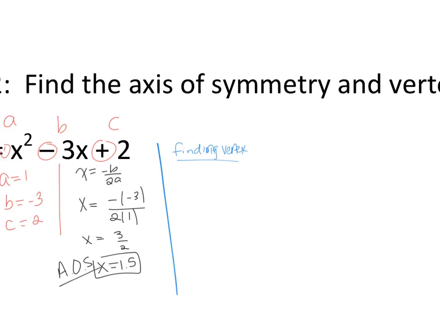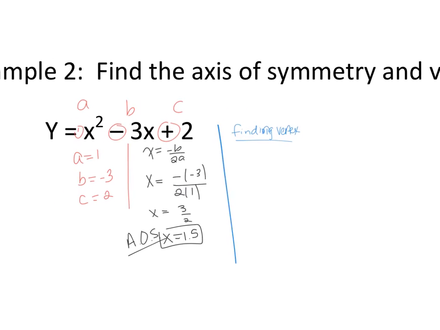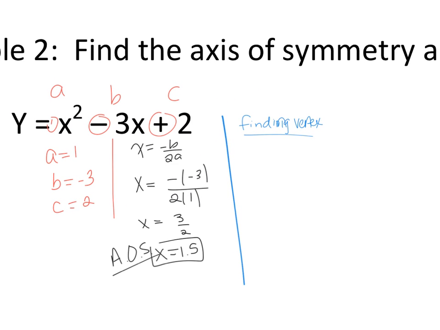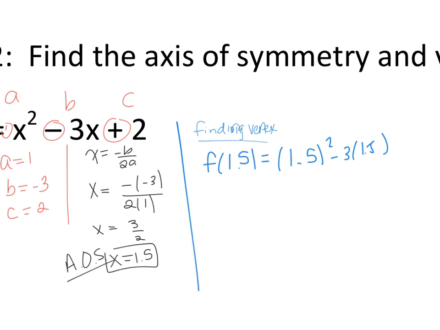Finding your vertex, our equation was x squared minus 3x plus 2. We're going to plug in a 1.5. So f of 1.5 equals 1.5 squared minus 3 times 1.5 plus 2.